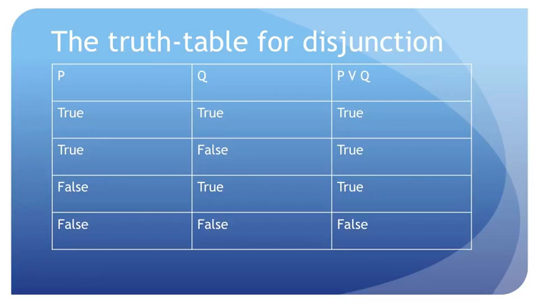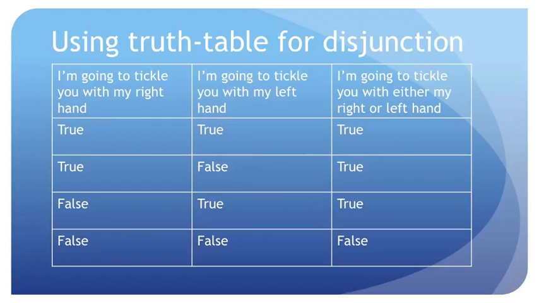Well, there are three possible scenarios in which that disjunction is true. When I say I'm not going to tickle you with my right hand, I'm ruling out two of those scenarios, namely the two scenarios in which it's true that I tickle you with my right hand. But that still leaves open a scenario in which it's true that I'm going to tickle you with either my right hand or my left hand.